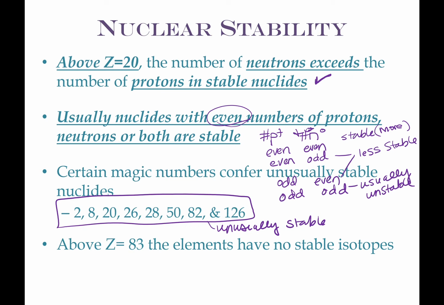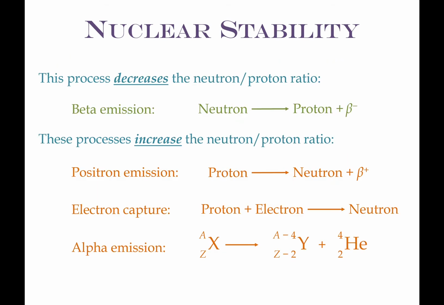Any element above Z equals 83 is always radioactive and unstable. So if you see a Z greater than 83, you automatically know that that's going to be an unstable isotope.